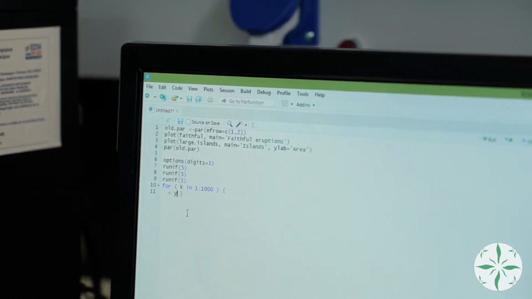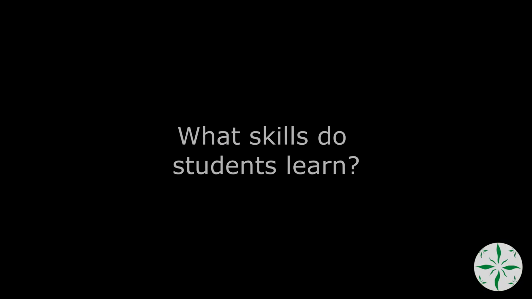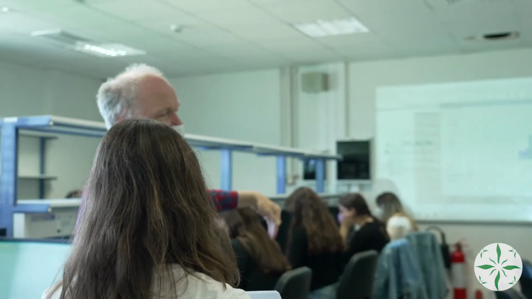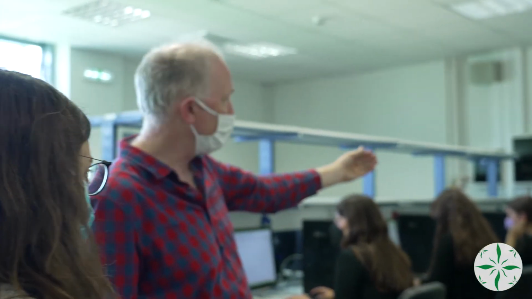We will be studying programming through the R programming environment, which is one of the most important programming environments used in science today. We teach people how to do simple statistics, how to do t-tests, regression, general linear models.